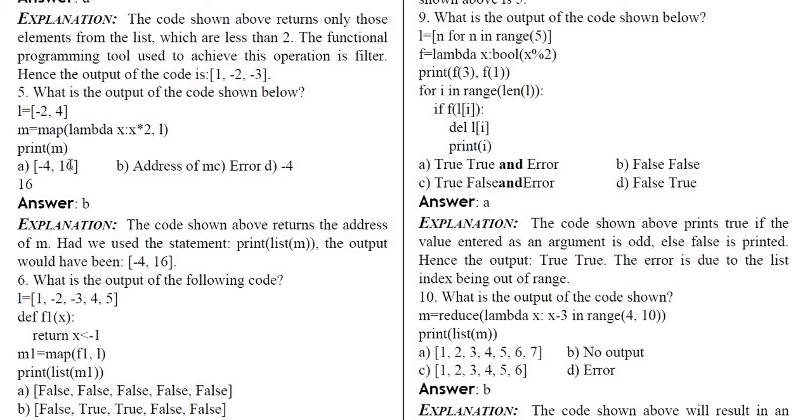It will return the address of m, and to see the values we use the statement print(list(m)). So if we see, -2 raised to the power 2 is 4, and then we will see 16. So output will be -4 and 16, or 4 and 16, both will be correct.